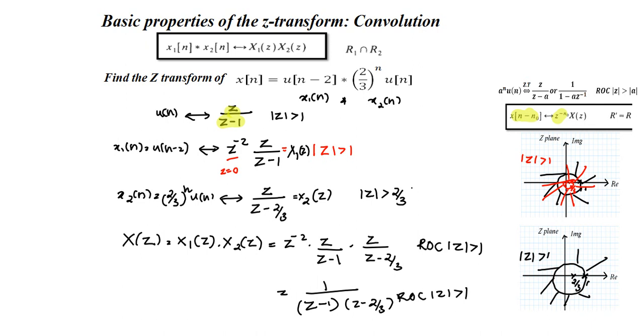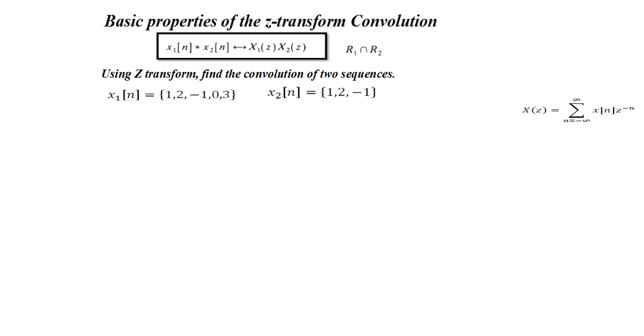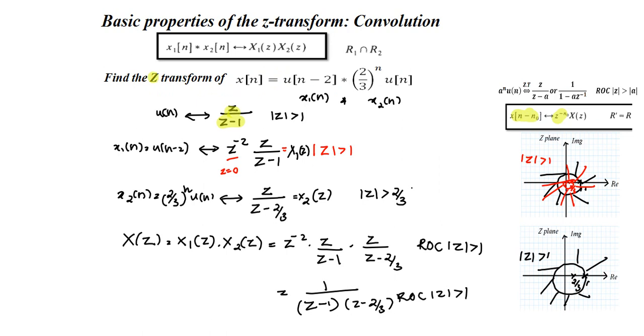Next we'll discuss another question. Here again we need to use the z transform to find the convolution of two sequences. If you compare with the previous question, it's different. In the previous question we needed to find the z transform of a convolved signal. Now the question is different.